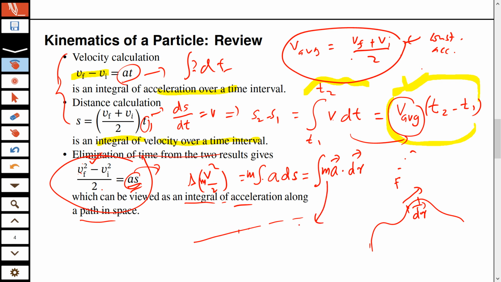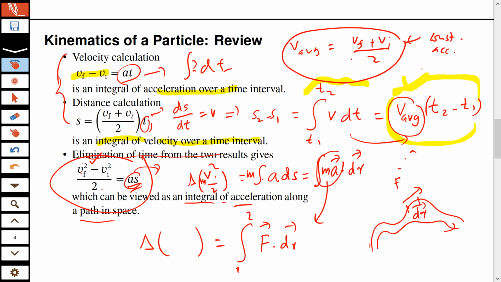So this gives me another insight that, because ma is force, I can now imagine a quantity or an integral of force over displacement along some path in space between any 2 points, let's say point 1 and point 2, and that will give me a change in, can you tell me what this change is in?